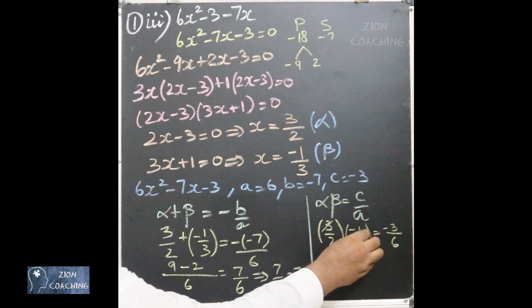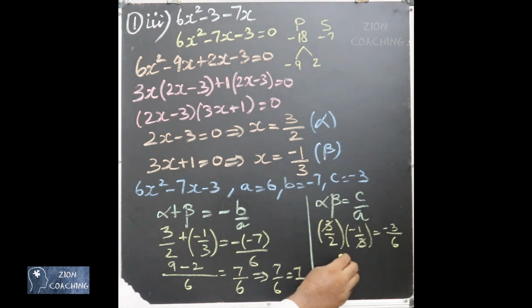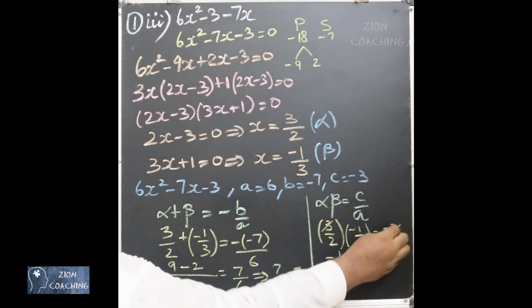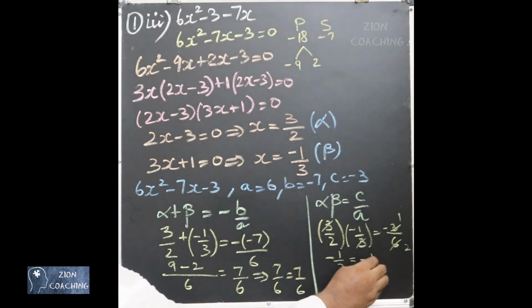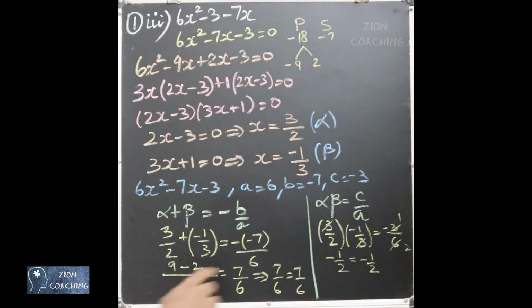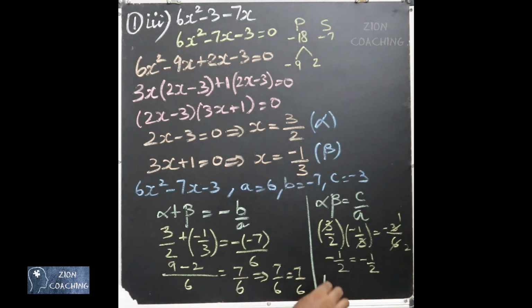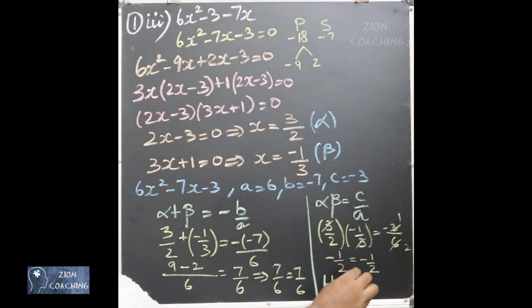Now 3 and 3 can be cancelled, so we have minus 1 by 2 equal to, 3 2s are 6, minus 1 by 2. Now the second relationship is also satisfied. Left hand side and right hand side are equal. Therefore, hence verified.